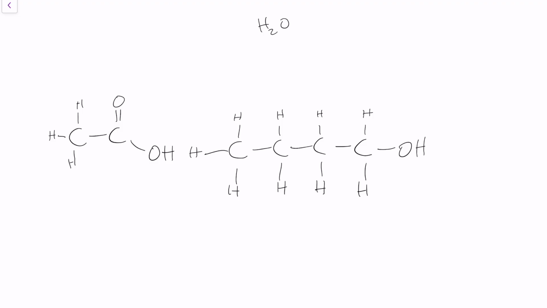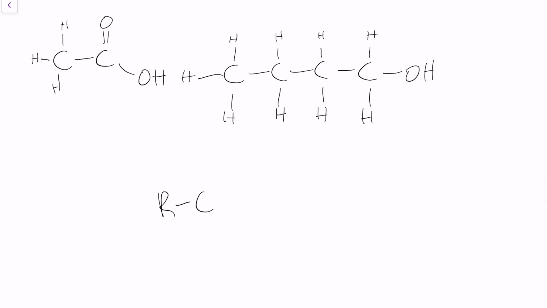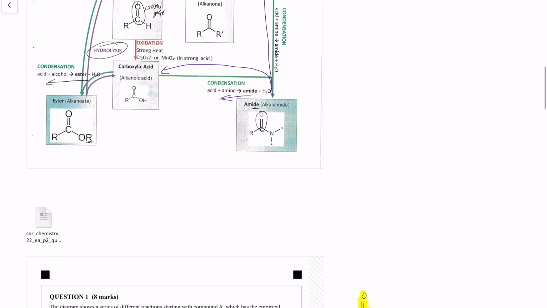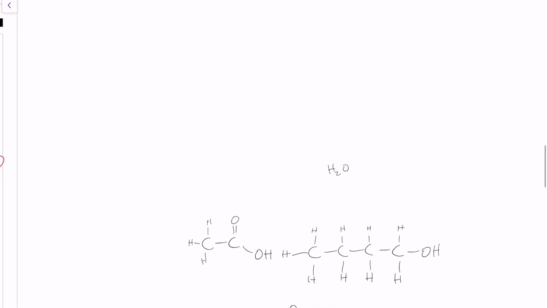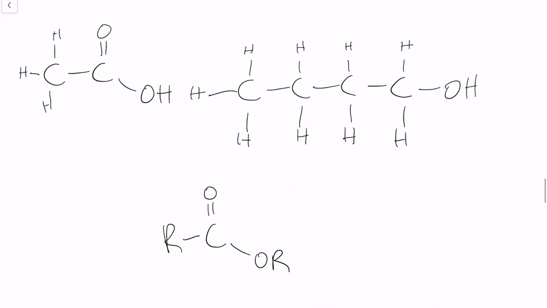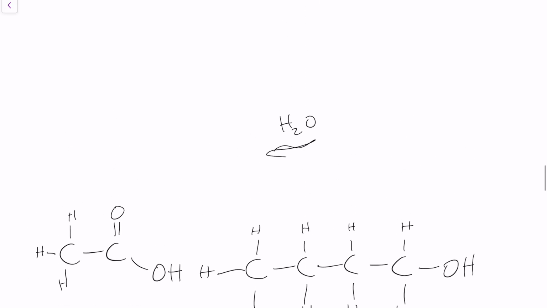Now, I want to have an ester, and if I look back in the diagram, an ester has only 2 oxygens. I currently have 3 combined with these ones. So I obviously need to take an oxygen out as well, which is part of my water molecule in the end.